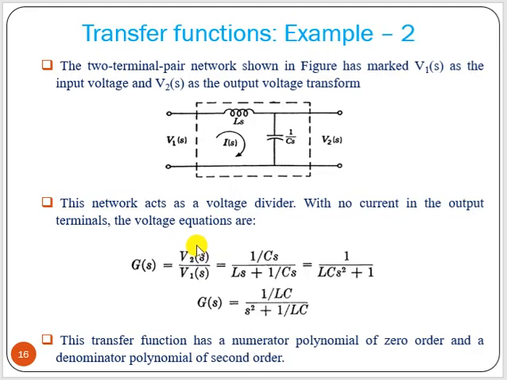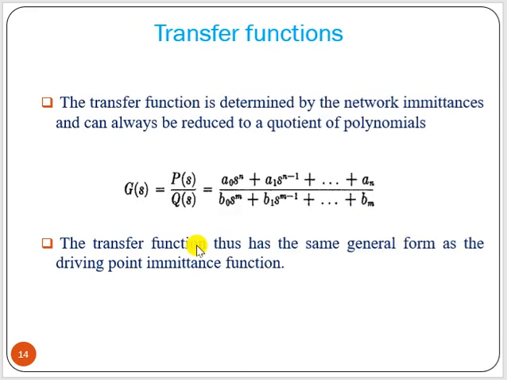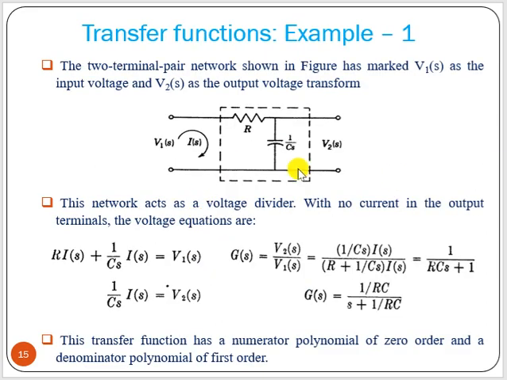let us take an example of a transfer function. Say this is the circuit with R and C. You are applying a voltage source V1, and across the capacitor you have to measure the voltage V2. The current flowing through it is, say, I1(s).